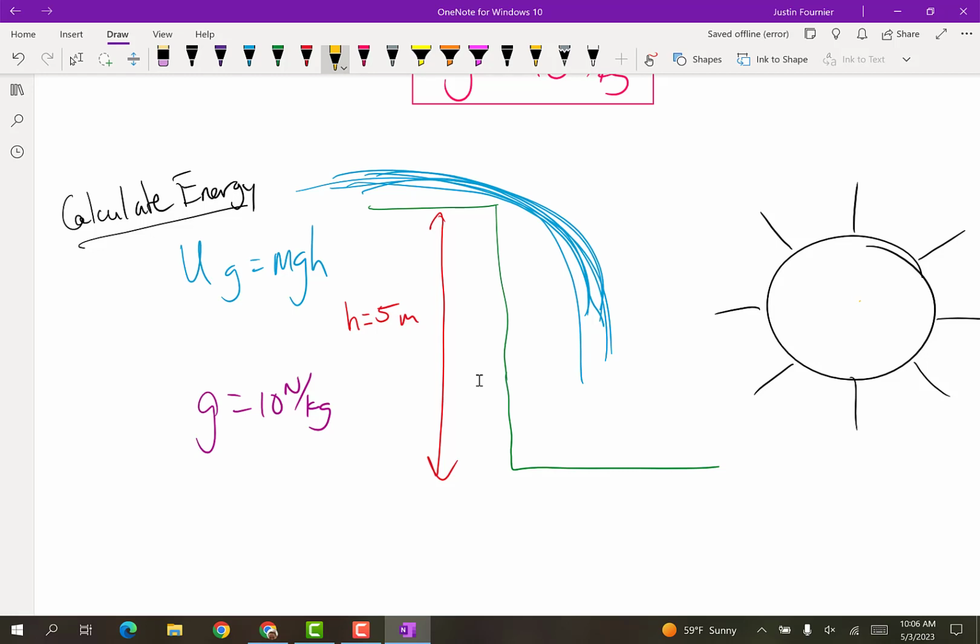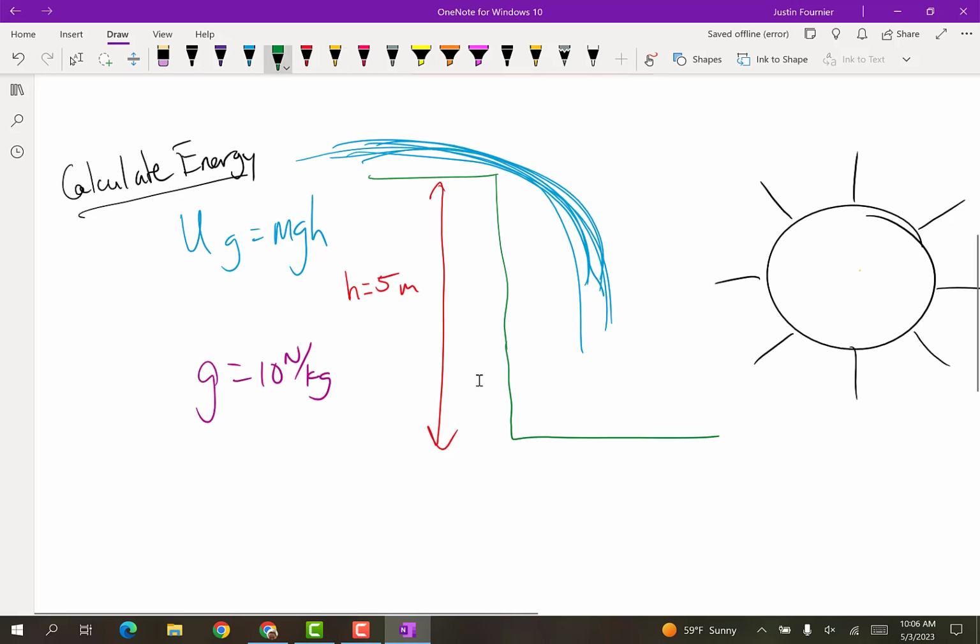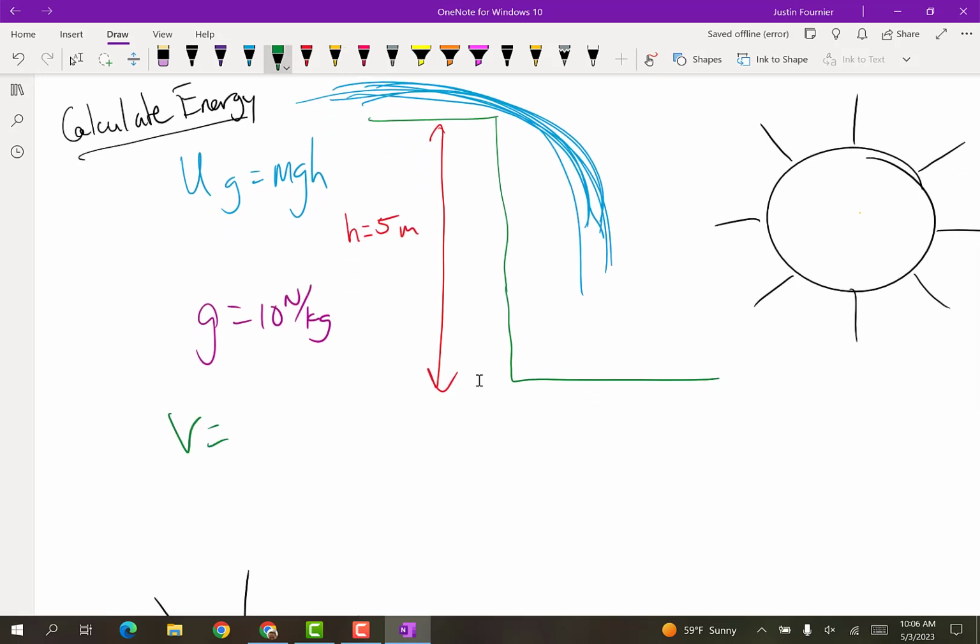So how much potential energy per kilogram, maybe. And to do that, we would define this idea of potential. That is the amount of gravitational potential energy per mass. This is gravitational potential. So gravitational potential would be mgh over m.